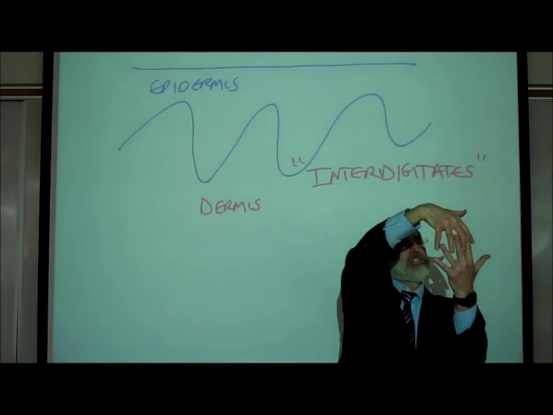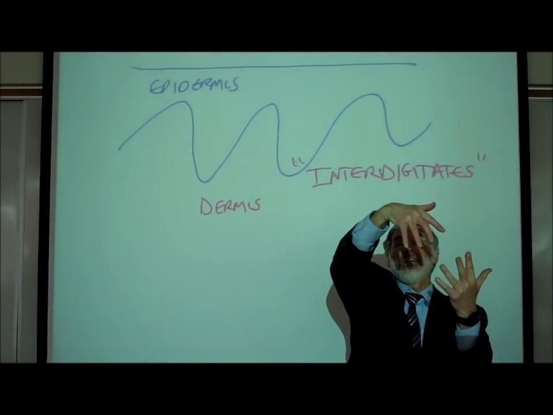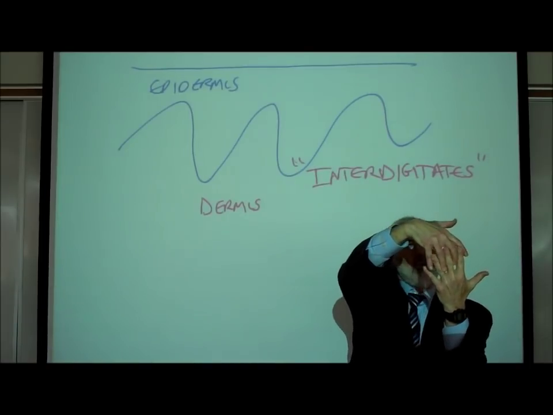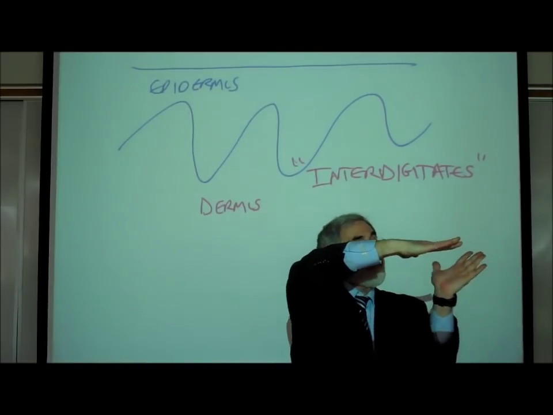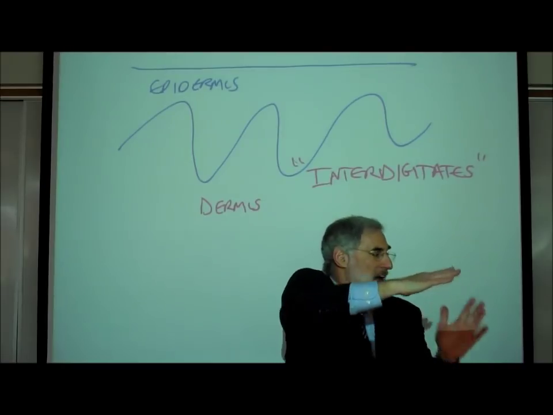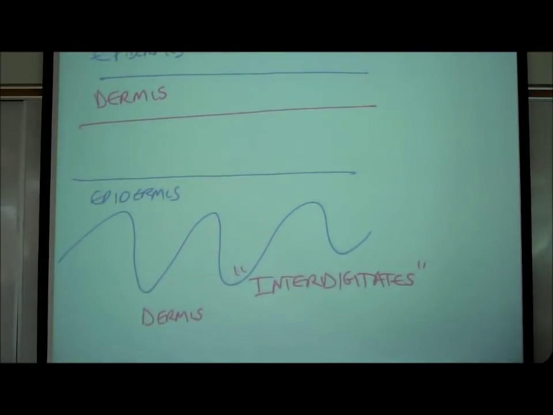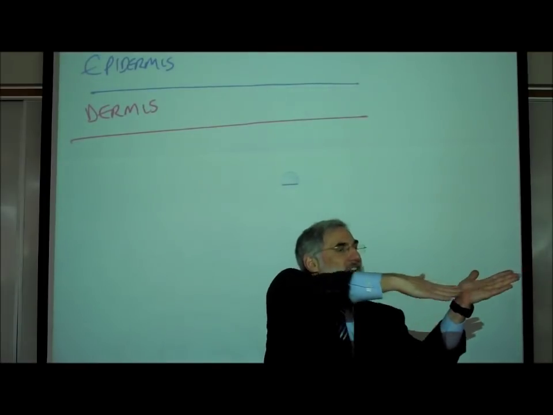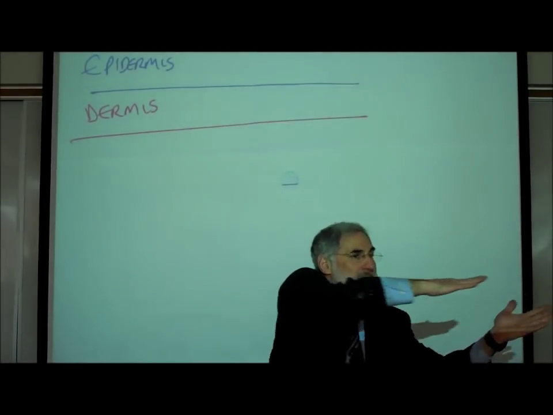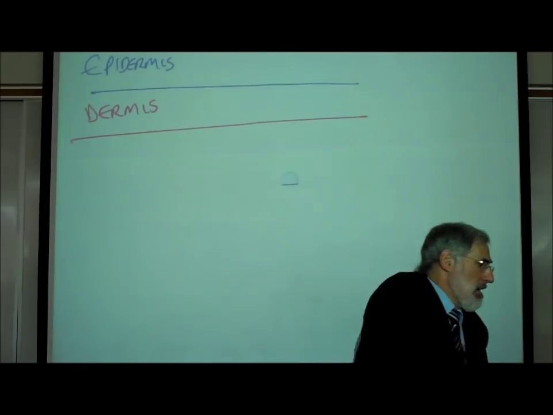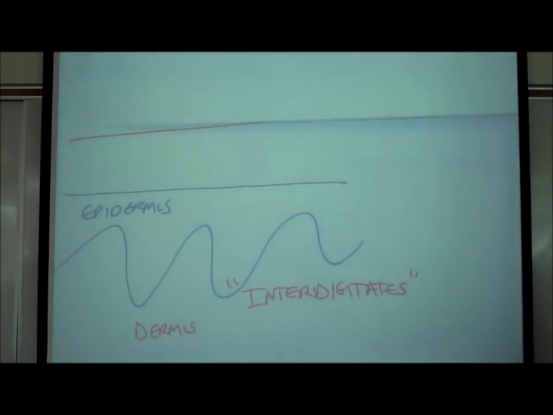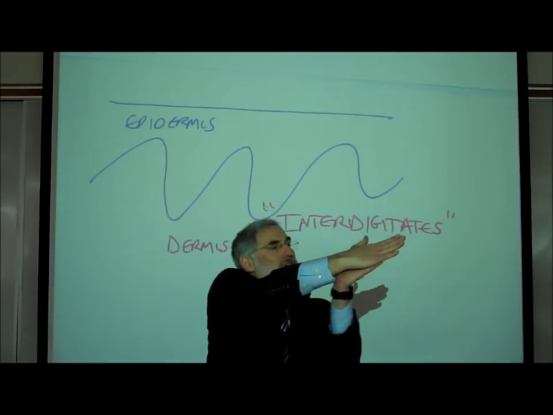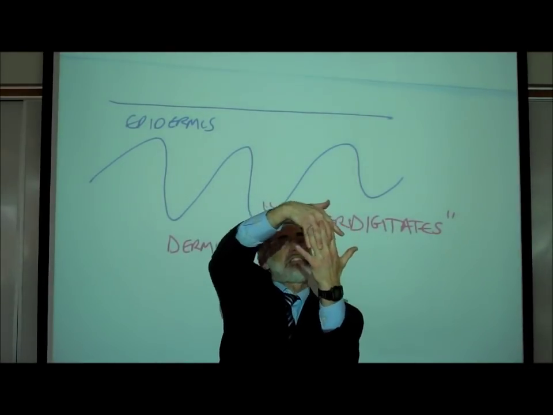The two layers interdigitate. The word interdigitate means to put your fingers between each other. Now the purpose of this is so that if the epidermis was lying flat on the dermis, then rubbing your skin, the epidermis would slide over the dermis. But because they interdigitate with each other like this, when you rub the surface of your skin, they cannot separate.